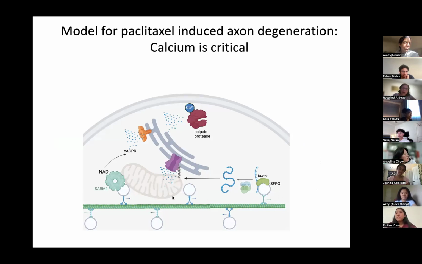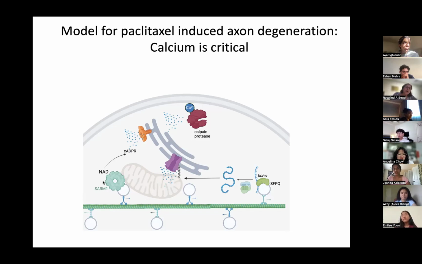We know that paclitaxel affects transport. It affects transport of RNA granules, such as SFPQ and BCLW. And normally, BCLW in axons is made, and it binds to IP3 receptors through the BH4 domain and regulates calcium.